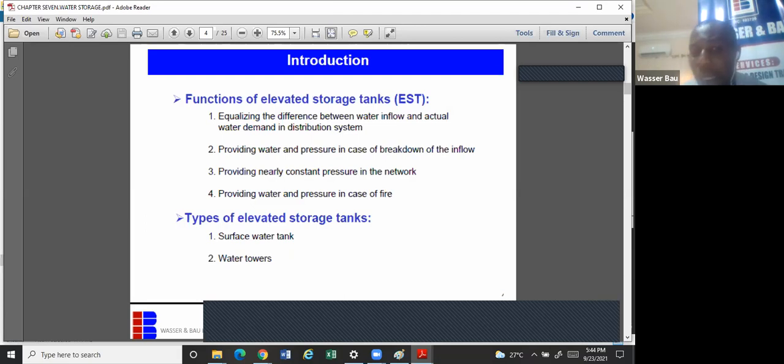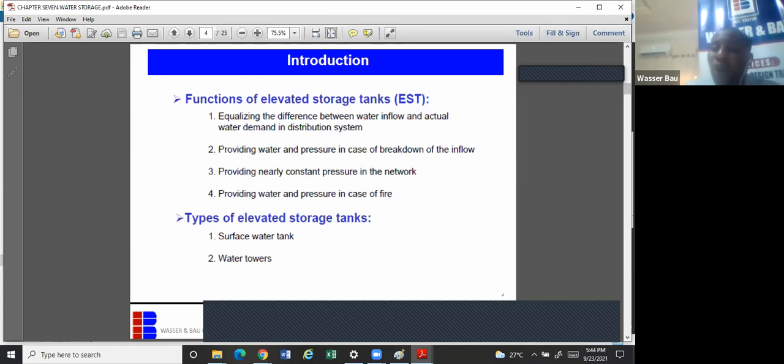The function of an elevated storage tank, we say, is to equalize the difference between the inflow and actual demand in the system. That is the function of an elevated tank. Number 2 is to provide water and pressure in case of breakdown in the flow. If not for the possibility of a breakdown in the flow, sometimes we might not even need a tank. The next one is to provide hourly constant pressure in the network.